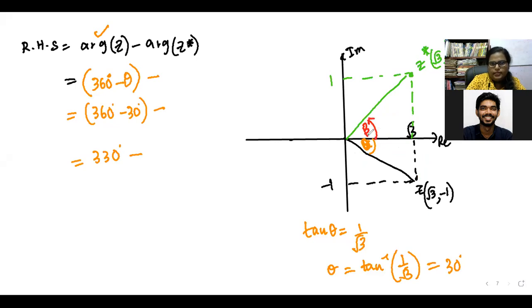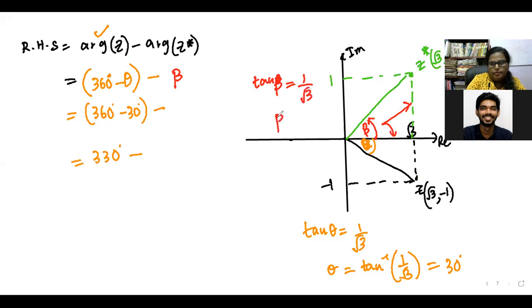So arg Z star equals beta. Tan beta is the opposite side, 1, divided by the adjacent side, square root 3.